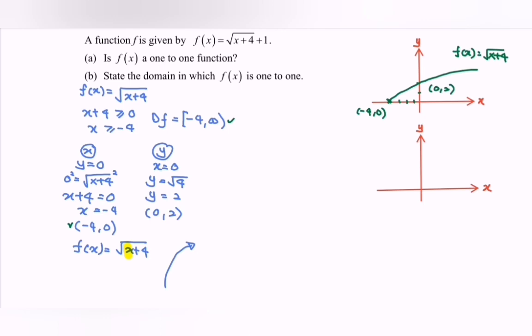Next, the question said square root of (x + 4) plus 1. So the value of y is plus 1, meaning that we are going to shift the graph upward. By referring to the second part, here we have (negative 4, 0) and then here we have (0, 2).